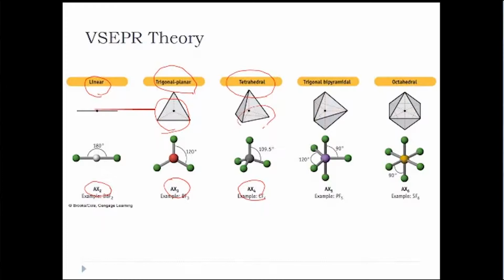In the shape that we get where we have five atoms bonded to the central atom, the VSEPR designation would be AX5. And in this particular shape, notice that all of the positions are not identical like they were in the first three geometries that we discussed. These atoms here in the center, we call these the equatorial positions, and they are 120 degrees apart.